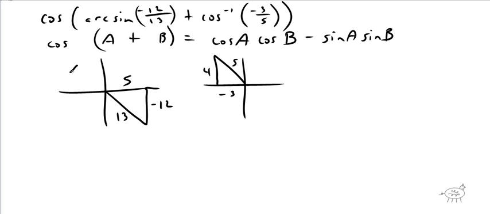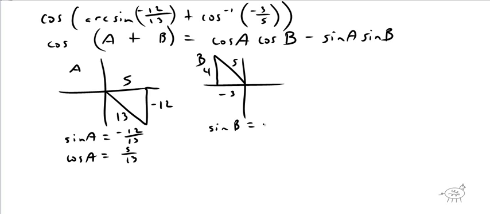We'll call this one A, and this one is our B. So sine of A is equal to negative 12/13. Cosine of A equals 5 over 13. And sine of B is 4/5, and cosine of B, which actually is up there already, negative 3/5.